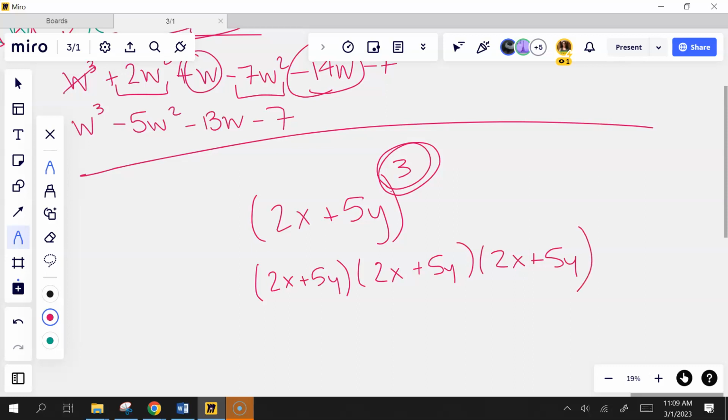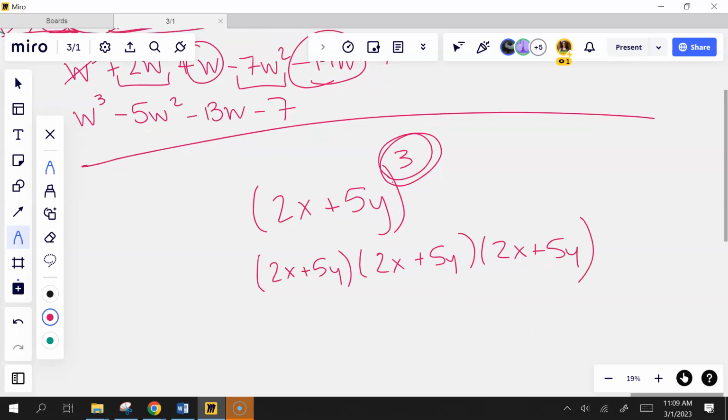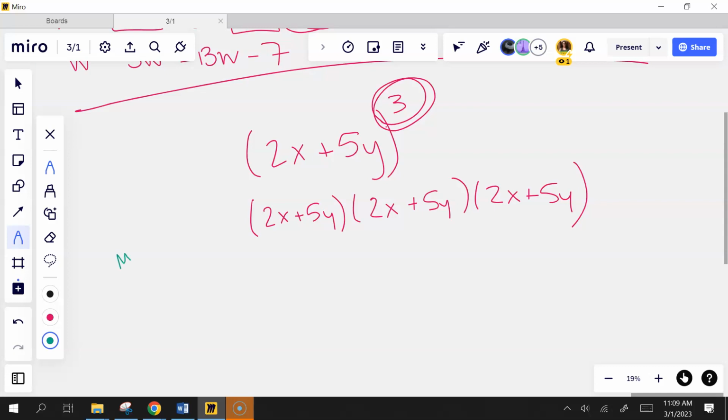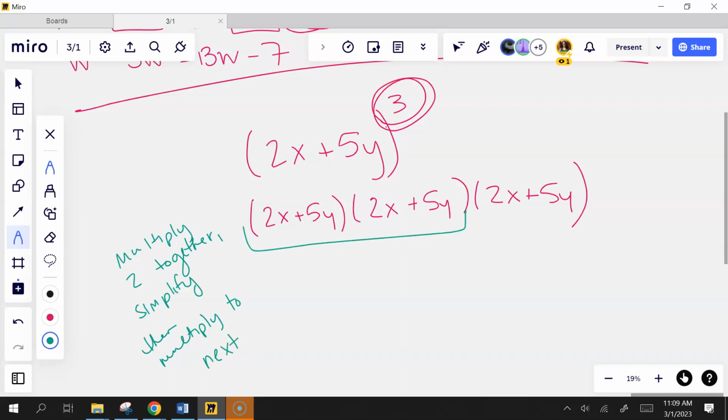Now, when you multiply, never multiply more than 2 at a time. Always multiply 2 together, simplify, and then multiply to the next. In other words, I'll do these two, get it down to a simple answer, and then I'll take this answer and multiply it to this one. Don't do more than 2 at a time.